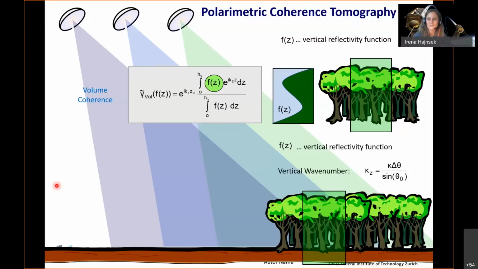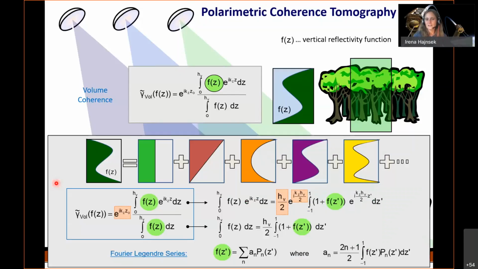So the tomography looks at the coherence distribution with the changing baselines. But what you can do, and that's very interesting, if you have two baselines, is use polarimetric coherence tomography.